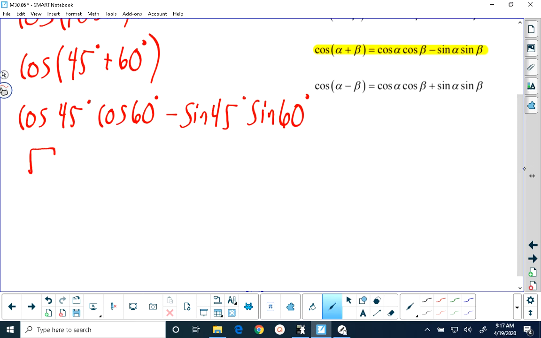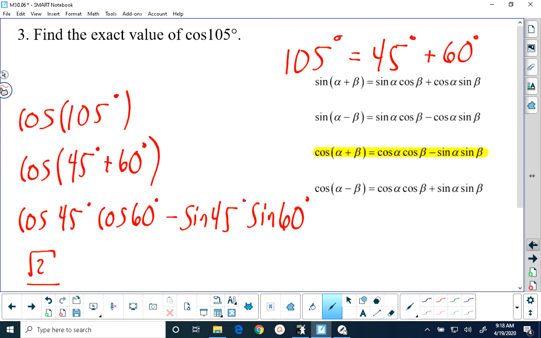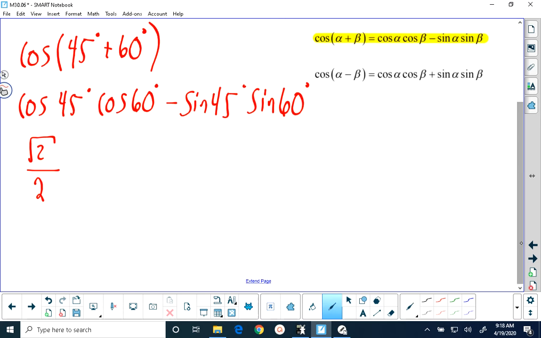I'm going to choose to use the root 2 over 2 version. On your unit circle you may have written 1 over root 2. They're the same numbers. And then I have to multiply by the cosine of 60 degrees. The cosine of 60 degrees is 1/2.